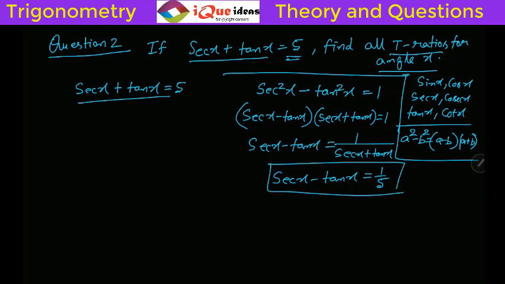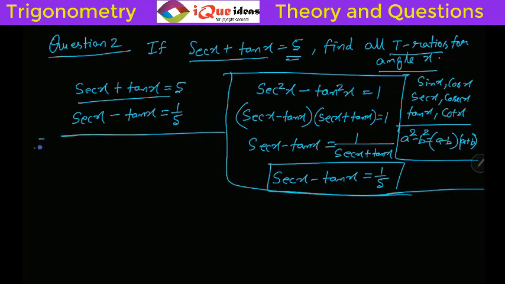Right? Let's write these two equations together. We already have sec x plus tan x equal to 5, and sec x minus tan x is equal to 1 by 5. If you simply add these two equations, let's see what happens. Tan x and tan x will get cancelled. Sec x plus sec x will be 2 sec x, and it is equal to 5 plus 1 by 5. In the denominator, LCM 5, 5 fives are 25 plus 1, that is 26 by 5.